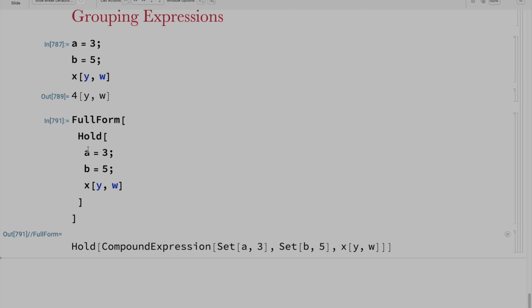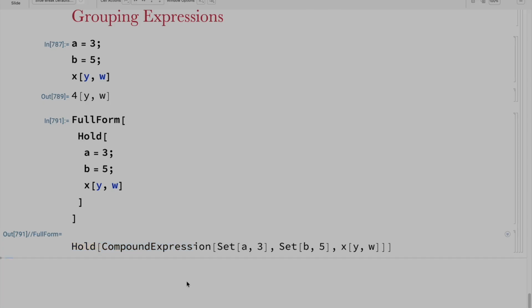you see this multi-line set of expressions is what's called a compound expression, and it shows up when I try to print the full form. So Set A 3, Set B 5, and then X, Y, W collected together form a compound expression. And the way this is internally represented is by using CompoundExpression, which you could use also, right?